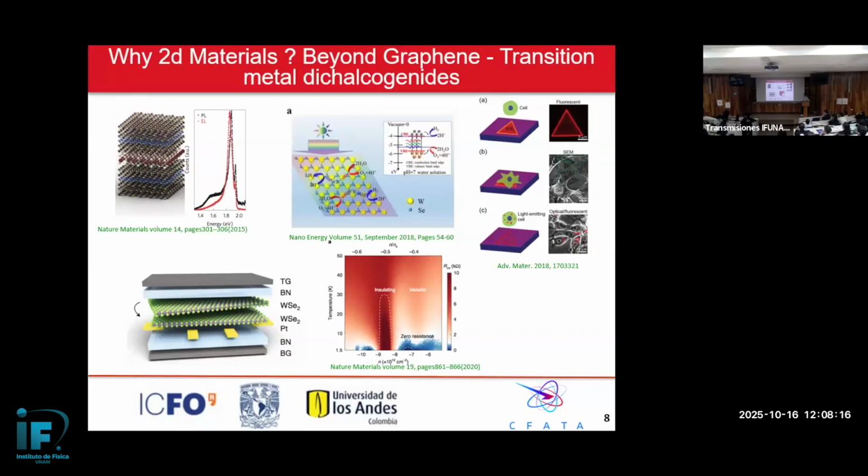You can go from an insulating phase to a superconductor phase and to a metallic phase. So you have these strange phases living together in these systems. So I think it is a very exciting new field in condensed matter right now. A super hot topic, these twistronics and so on.